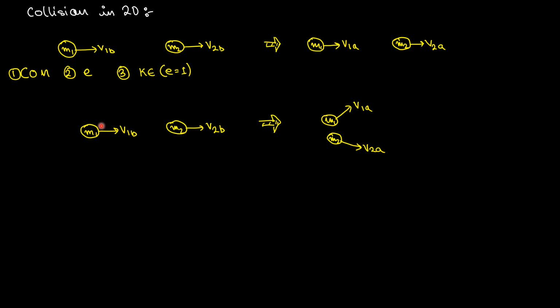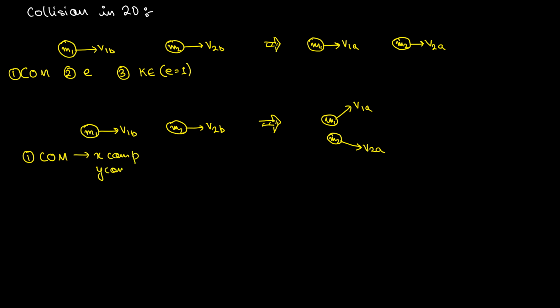You can also apply conservation of momentum here, with i cap and j cap, and you can break it down into i component and j component. So conservation of momentum will have two equations, x component and y component.